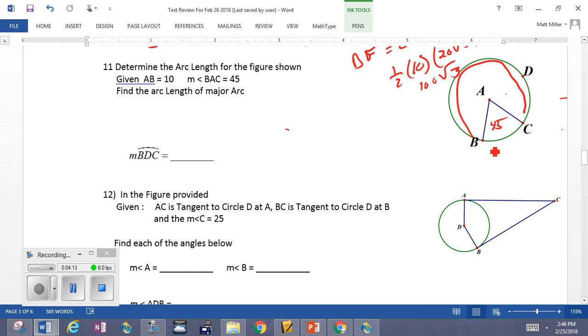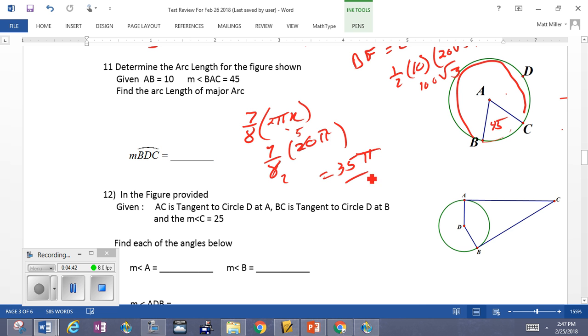If 45 is 1/8, so I know I need 7/8 of the entire circumference of 2 pi r. R is 10, so it's 7/8 of 20 pi. I can go 4 into each one of those, going 5, going 2, so I get 35 pi over 2.